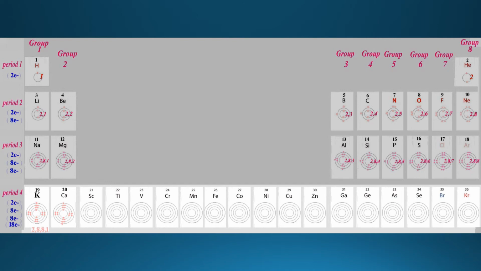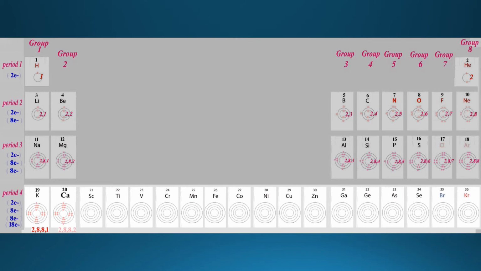The inner shell fills first, 2, and then the next shell 8. How many now? Total 10. Then the next shell another 8. How many now? Total 18. So you need 1 more to fill the outer shell. 1. So now total 19.